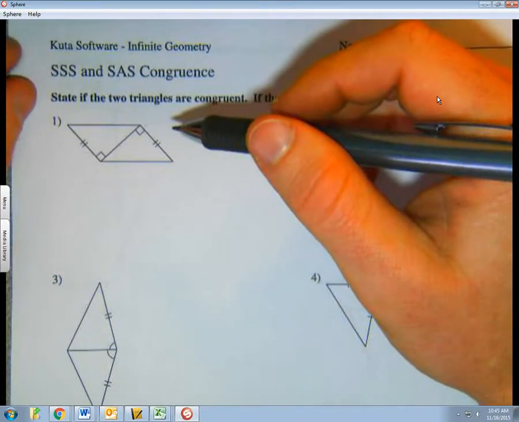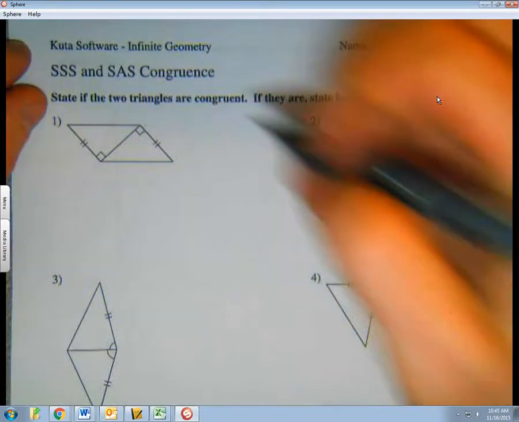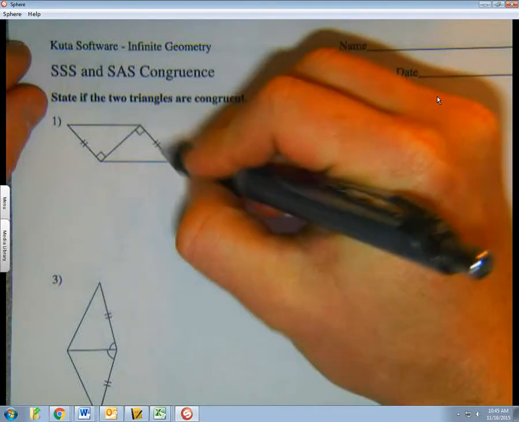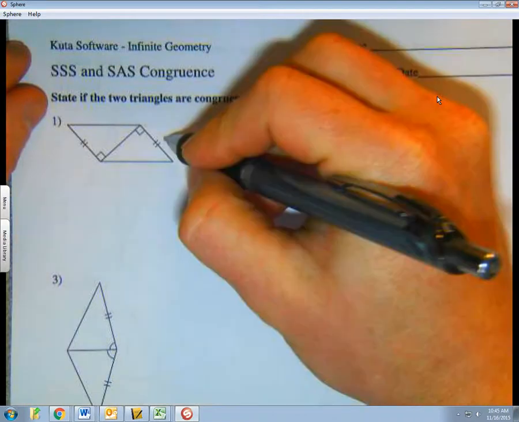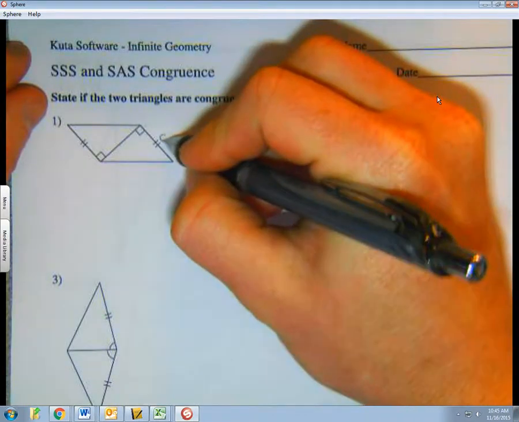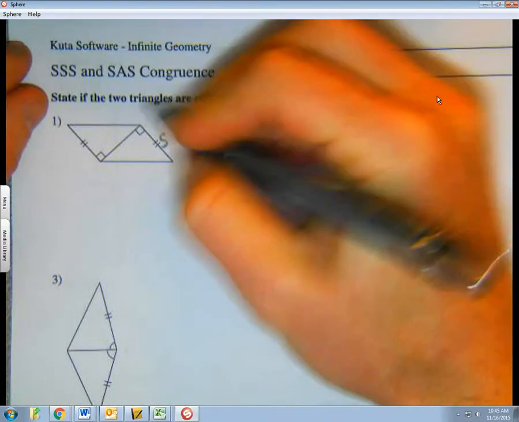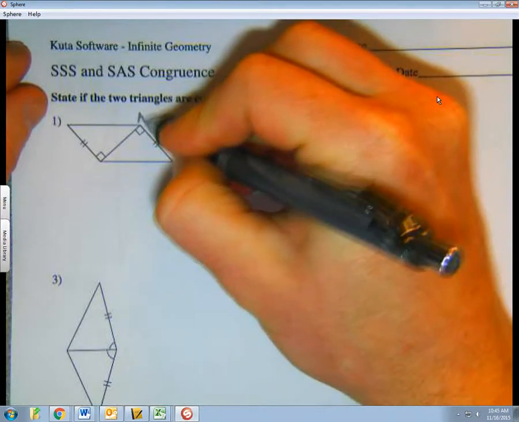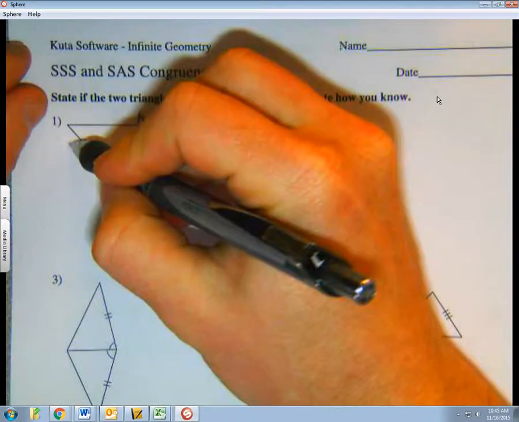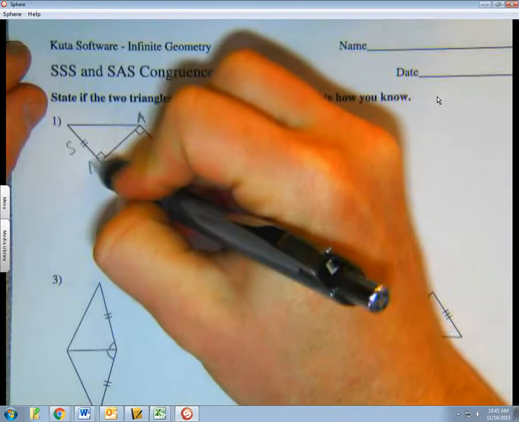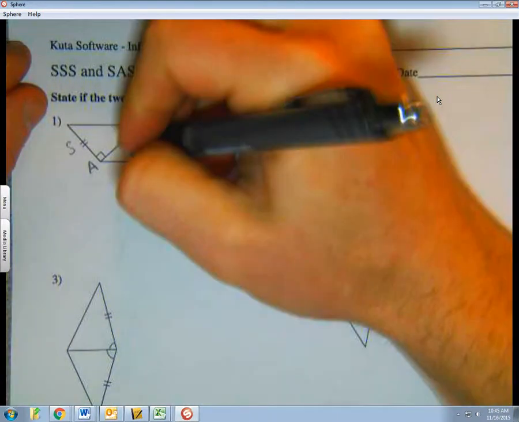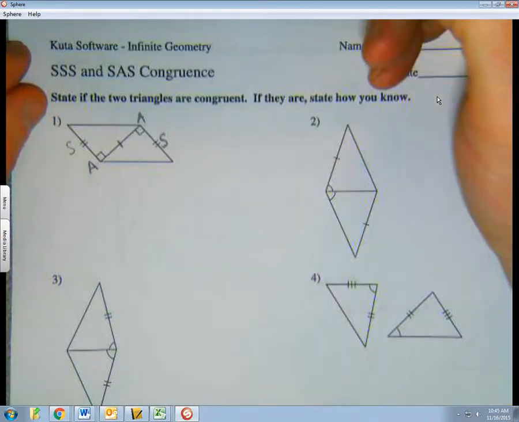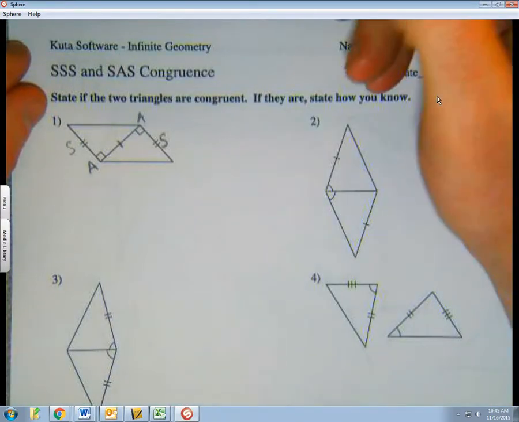So if I'm looking at this triangle right here, I would just look at it like this. I've got a side here, an angle here, and that's the same as this side and this angle here. Then this side is obviously the same as itself, so I've got another side here.